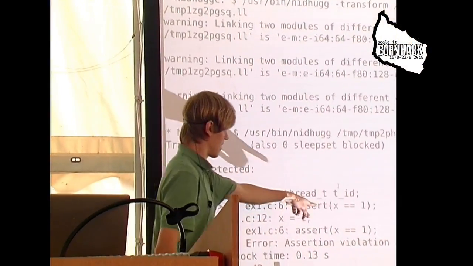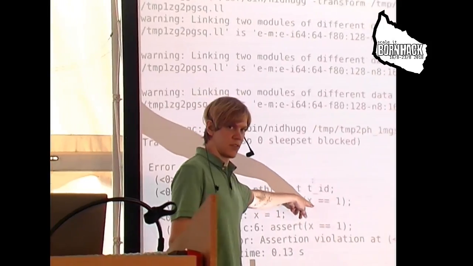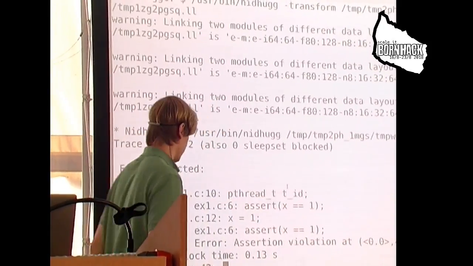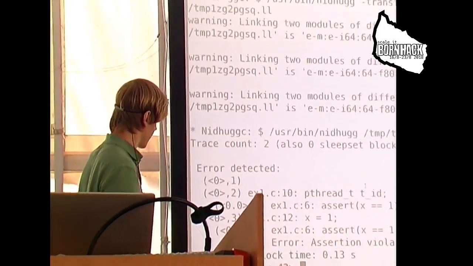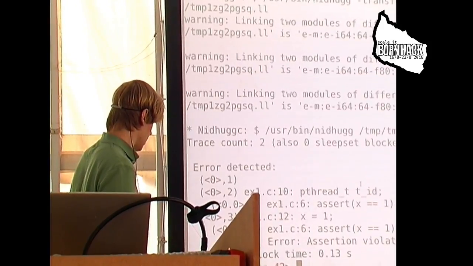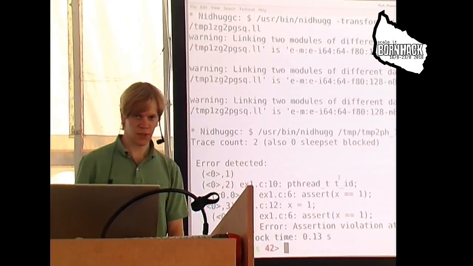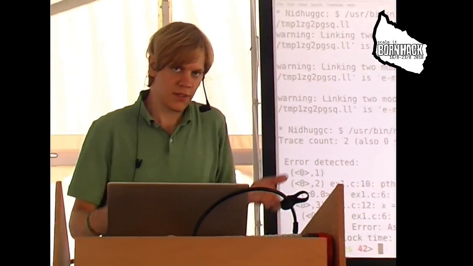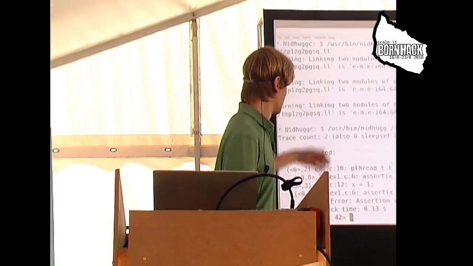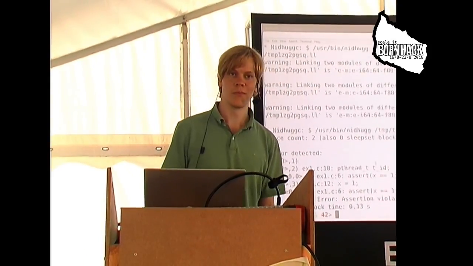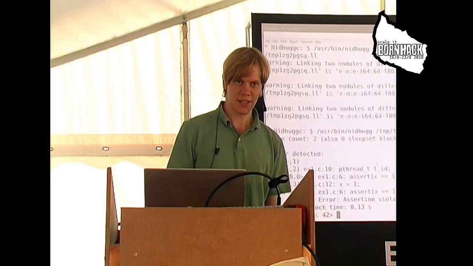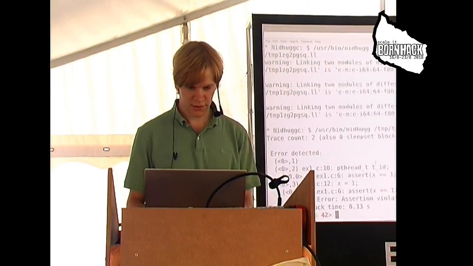So obviously we have loaded whatever was in x before it was written, which is probably 0, since this is a static variable. And then finally the program crashes because of this. Okay, so this is what Nidhugg does, right? It runs the program a couple of times, 2 in this case, because there are 2 behaviors of this program, and it sees if it can make it fail.